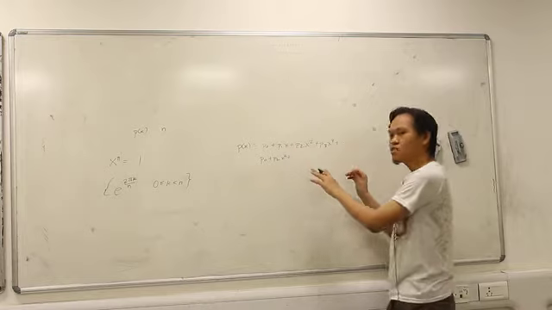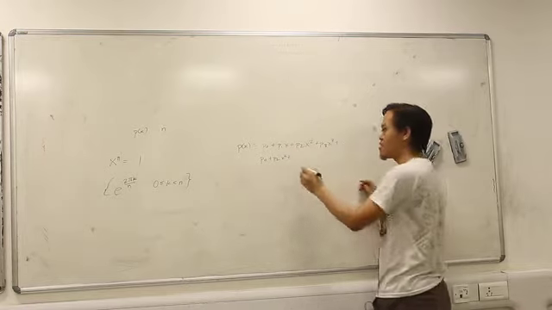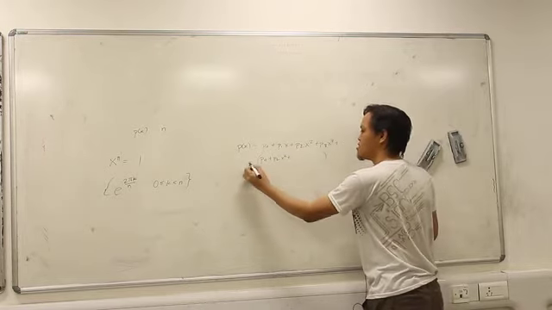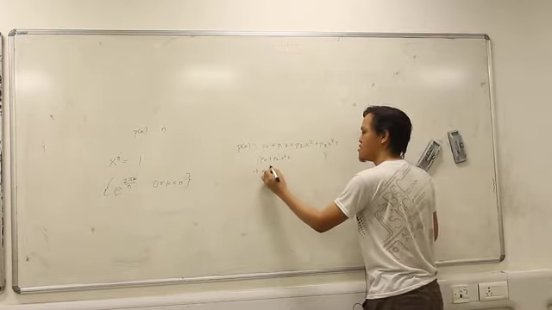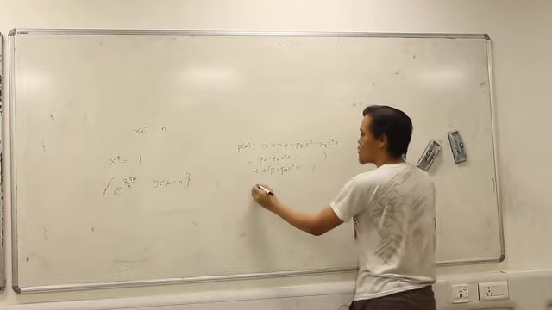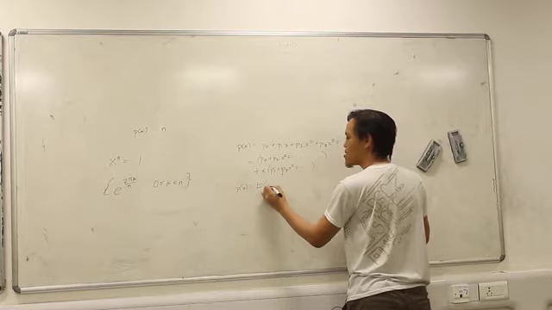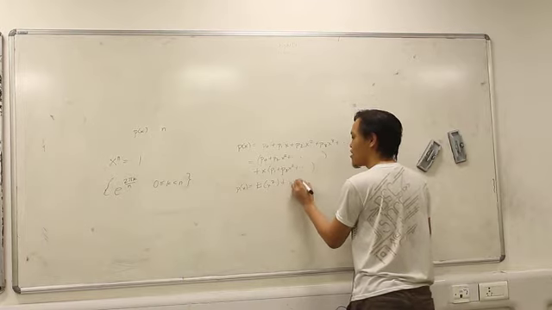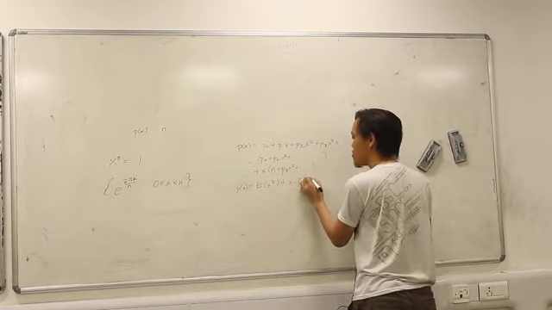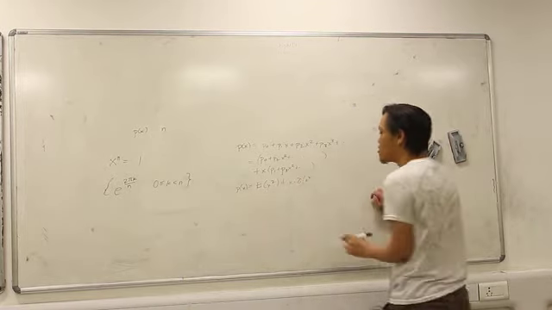And then if we group the odd terms, we can extract 1 x from it. So we get something like this. And now we get an expression like this, where let's say e is some polynomial and o is another polynomial. We put x squared here because the terms will be even.